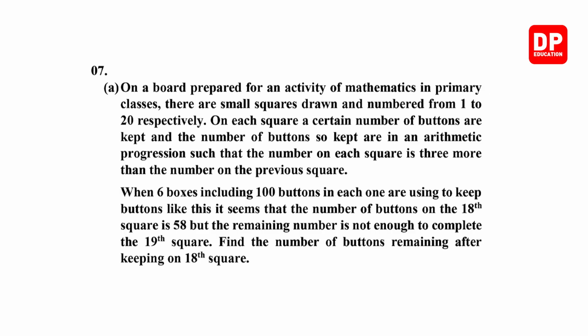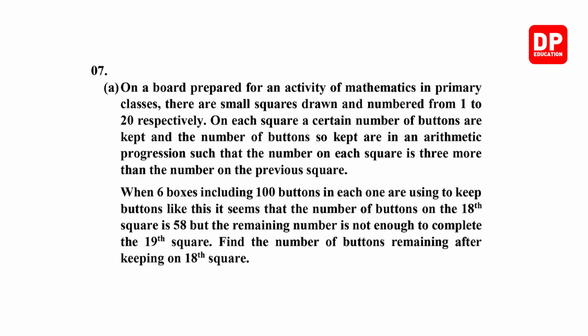On a board prepared for an activity of mathematics in primary classes, there are small squares drawn and numbered from 1 to 20 respectively. On each square, a certain number of buttons are kept, and the number of buttons so kept are in an arithmetic progression such that the number on each square is 3 more than the number on the previous square.